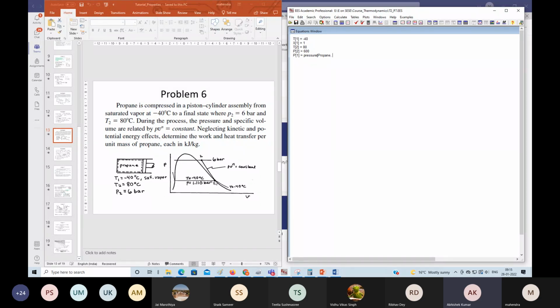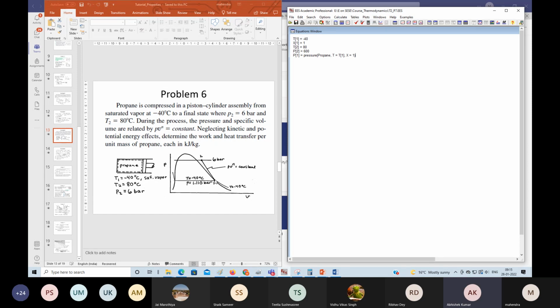What values do we know? Two independent parameters. We know temperature T1 and its dryness fraction x1. So T equal to T1, x equal to x1; anyhow, we can simply use 1 also.